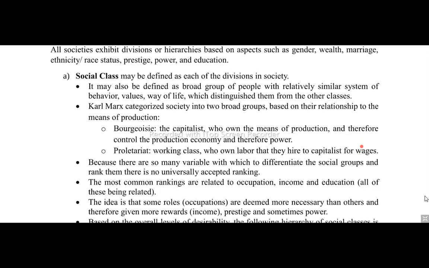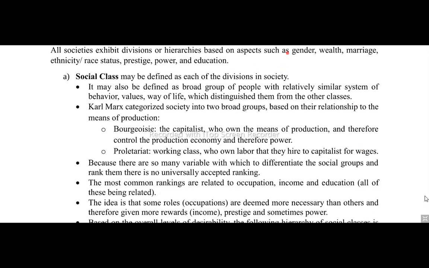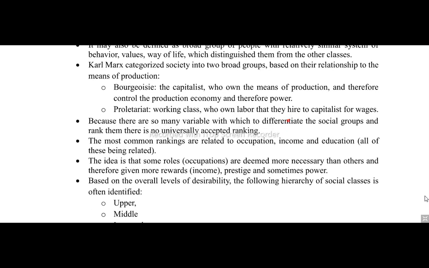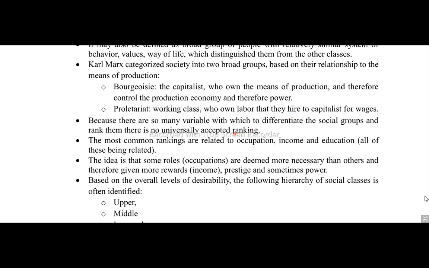We have looked at all those groups of how society can be divided: gender, wealth, marriage, all that. So there is no universally accepted ranking. The most common rankings are related to occupation, income, and education. All of these being related.